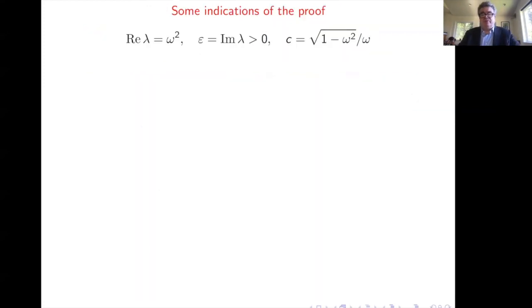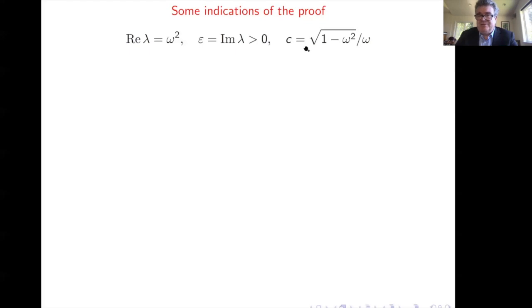So I'm not going to go too much into the proof, but just give some indications of the proof. We are interested in this limiting absorption principle and the singular structure of the limit. The natural parameters here are the frequency omega squared, that would be the real part of lambda, and then there's some small imaginary part.